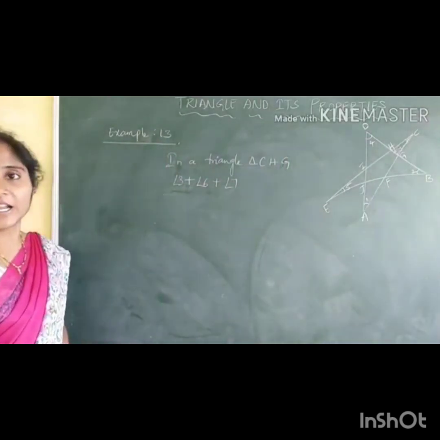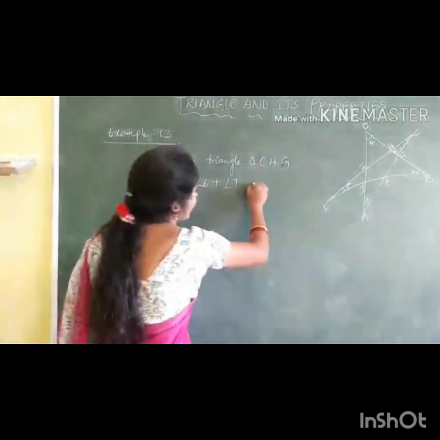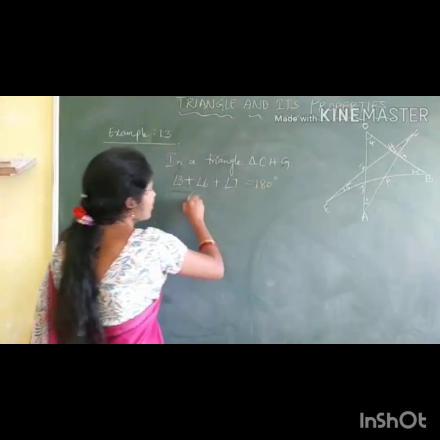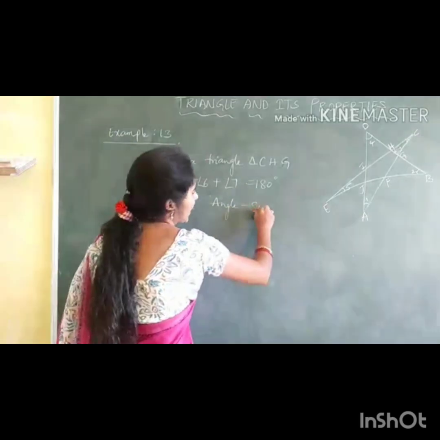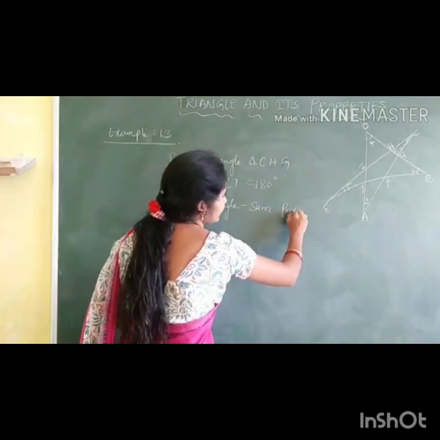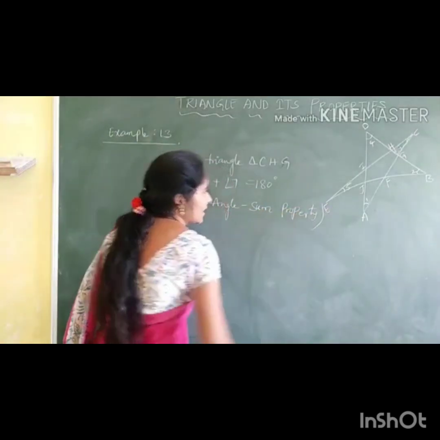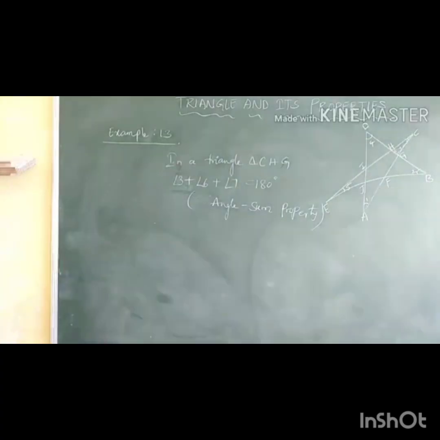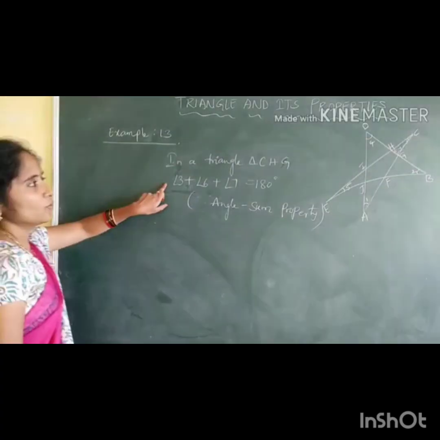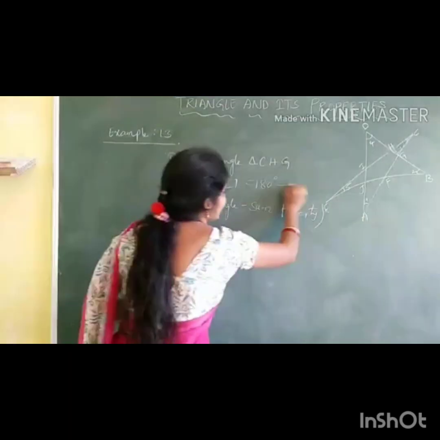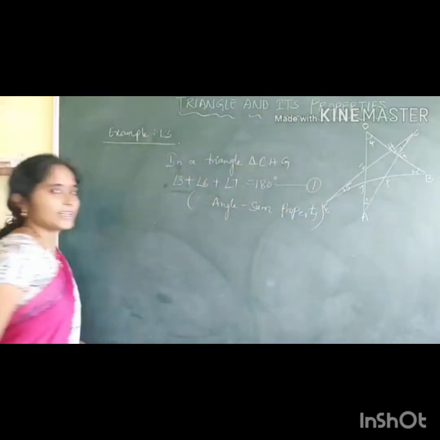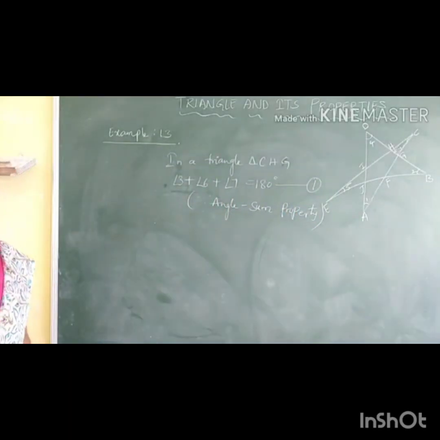The sum of all interior angles of a triangle is equal to 180 degrees. Based on which property? The angle sum property of a triangle. So, one condition we know: angle 3 plus angle 6 plus angle 7 is 180 degrees. Let us take that as equation 1.